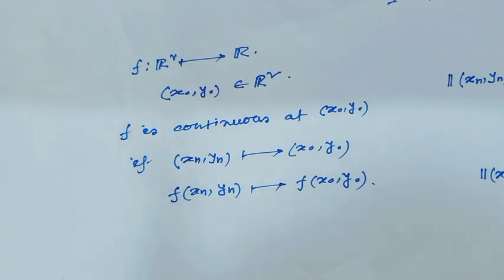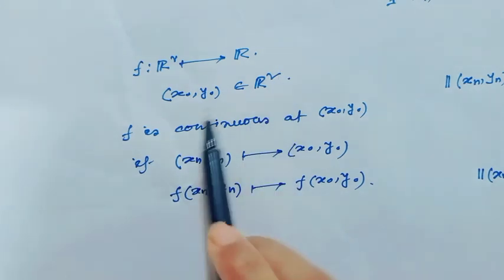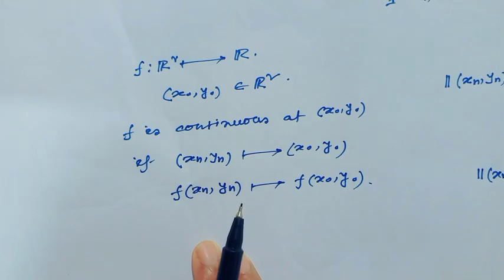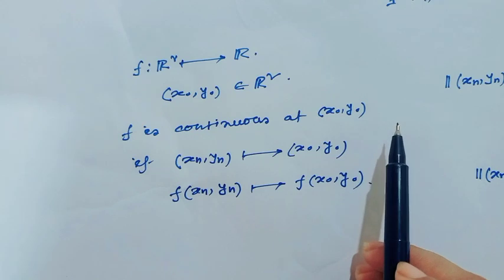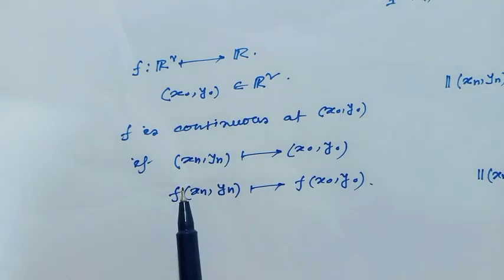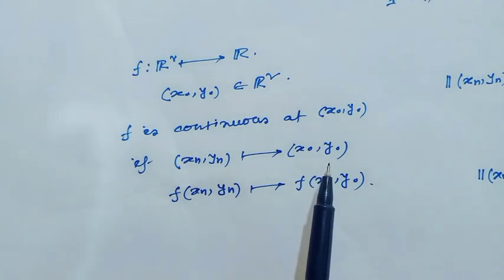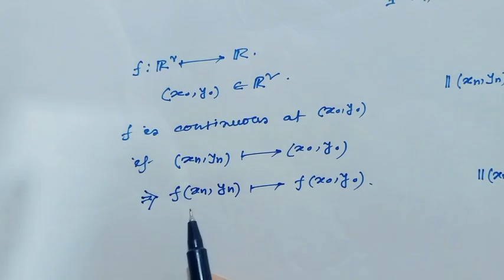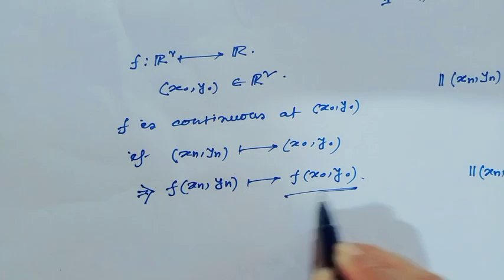As a shortcut, I have considered f from R2 to R and consider (x0, y0) belongs to R2. All of us know, from my previous video, that f is continuous at the point (x0, y0) means, sequentially, if we want to prove this, that for any sequence (xn, yn) which converges to (x0, y0), it implies that if f is continuous, then f of (xn, yn) converges to f of (x0, y0).